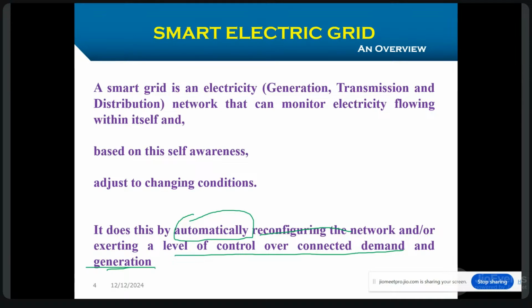So it has to happen automatically. The ultimate objective is achieving the system stability, reliability, the voltage quality, and at the minimum possible cost. And always these objectives will have different priorities based on what condition we are in.